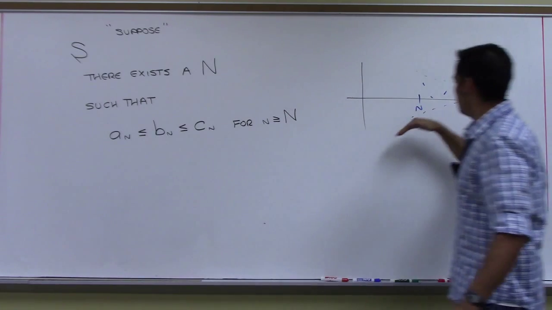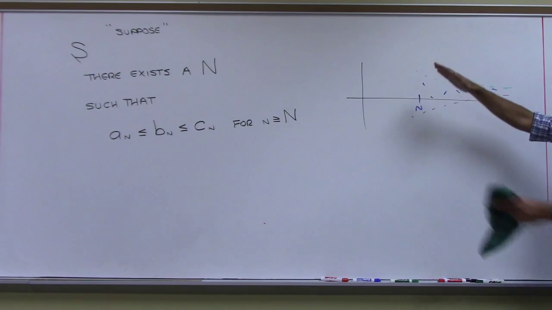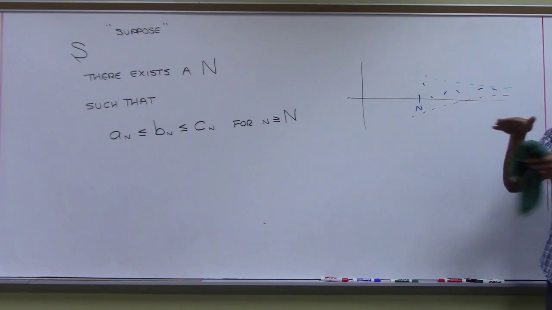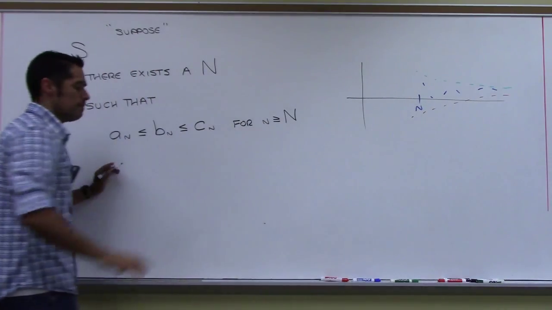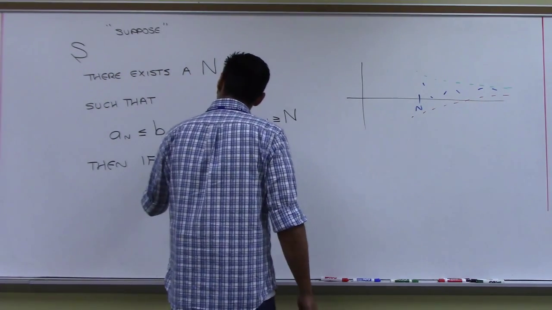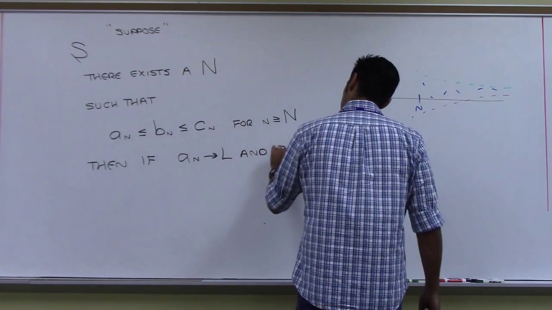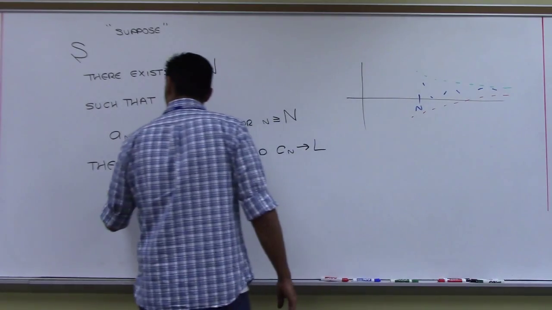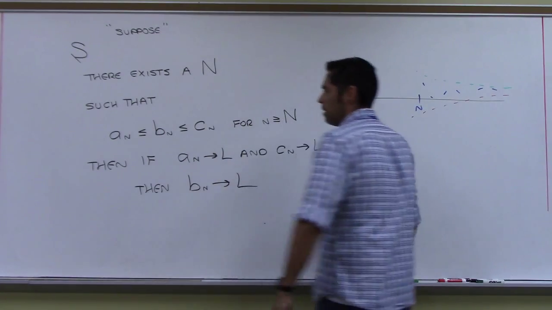The A sub n, which in this picture would be the red, is below or equal to the blue, which is below or equal to the green, which would be C sub n. I think I got my A's and B's flipped in my pictures, but do you understand it's the same concept? It's like a funnel. We're funneling this thing in between. So suppose that there's a capital N where this holds. Then, if A sub n goes to L and C sub n goes to L, then B sub n goes to L. That's the conclusion.